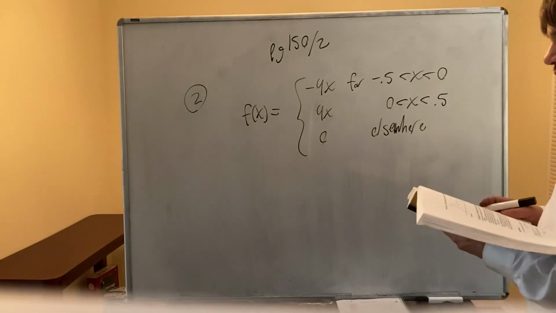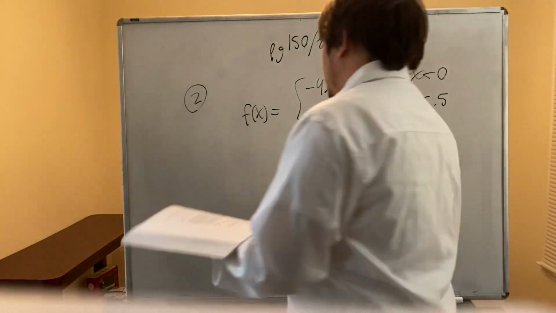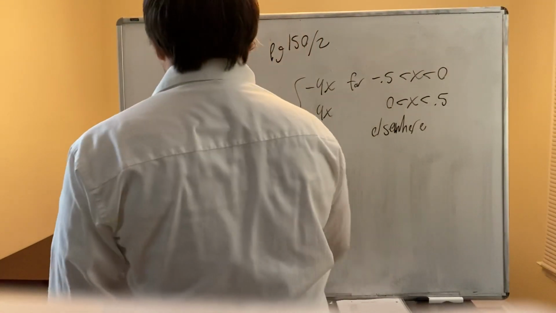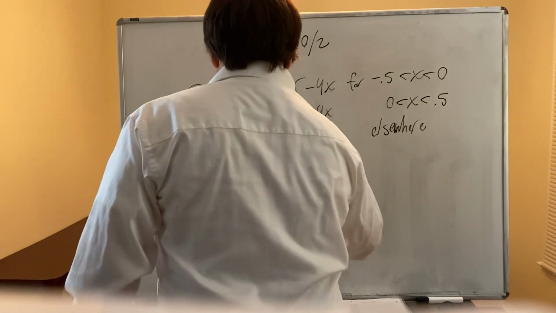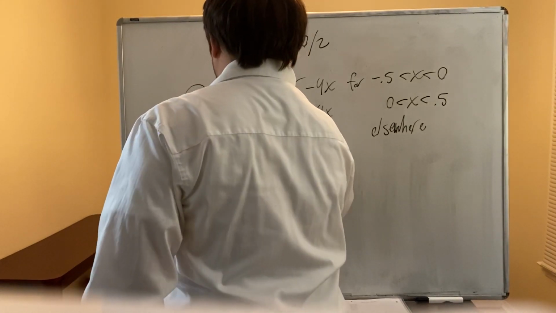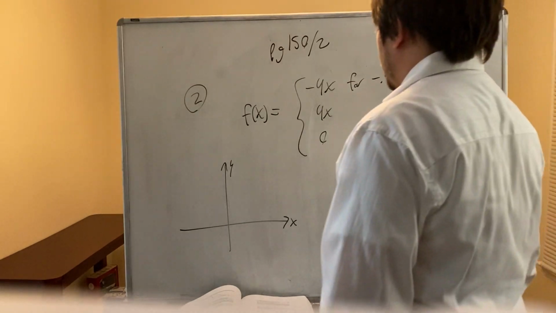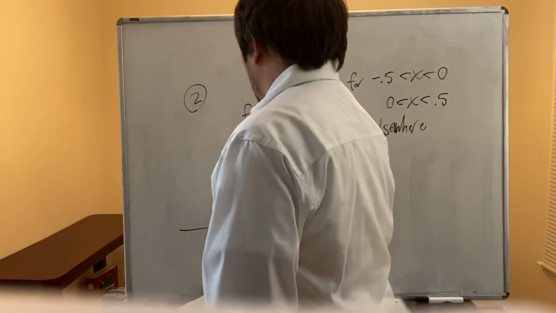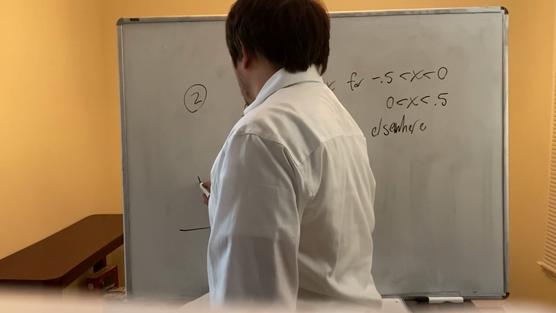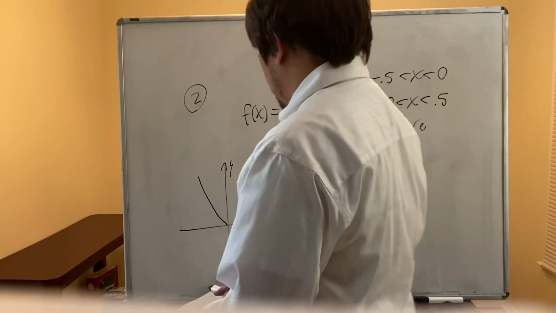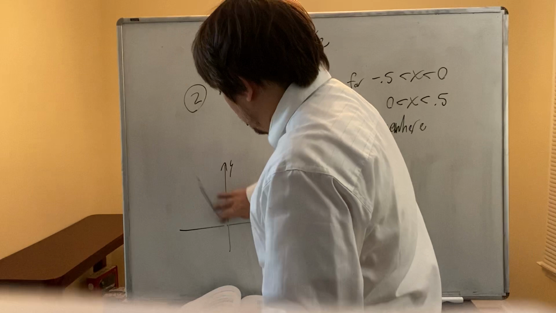Alright, so for A, sketch the probability density curve. So y equals negative 4x could look something like that, but it's straight.